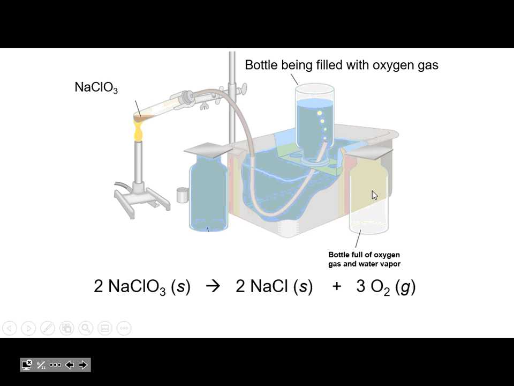So if I were to calculate my total pressure using Dalton's partial pressures, I would have an equation like this: P total is equal to the pressure of the oxygen plus the pressure of the water. So if I took the two parts, I could get the total pressure.